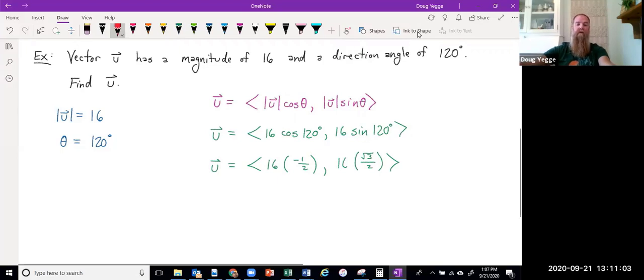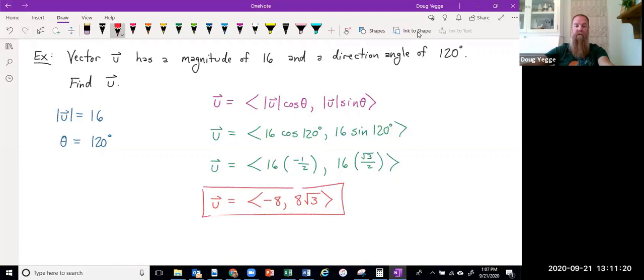And therefore, we know what our horizontal and vertical components are. Vector u is negative 8 and 8 root 3. And so we've turned from trigonometric form into component form.